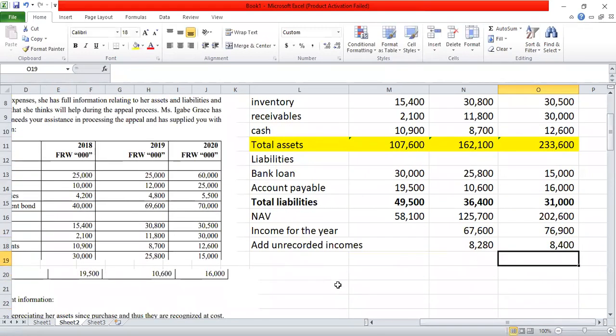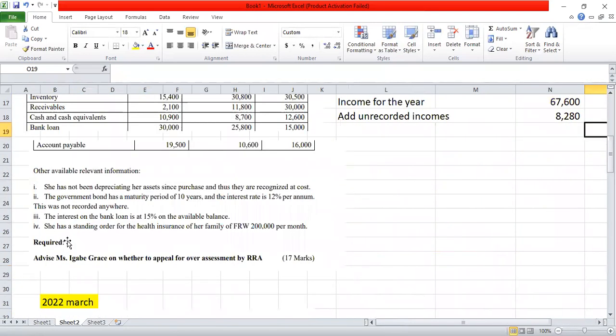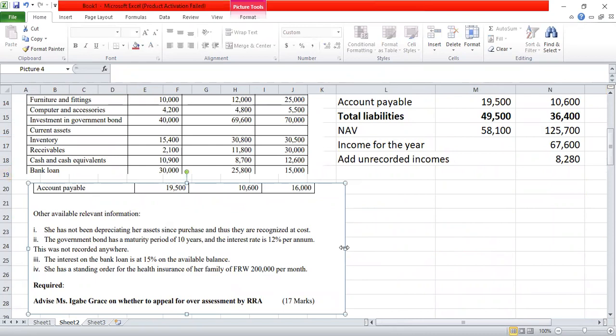So that is the bond. Then they told us the interest on the bank loan is 15% on the available balance. She has a standing order for health insurance of family of 2,000. This, so we add back unallowable expenses.